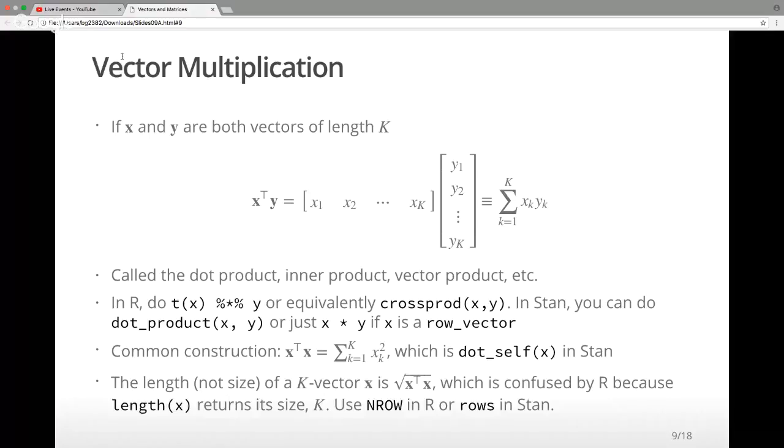So wait, the length defined as the square root. It's used with vectors. It's used in matrices. This is the idea of a vector or a matrix norm. It's basically a scalar measure of how big this vector is.